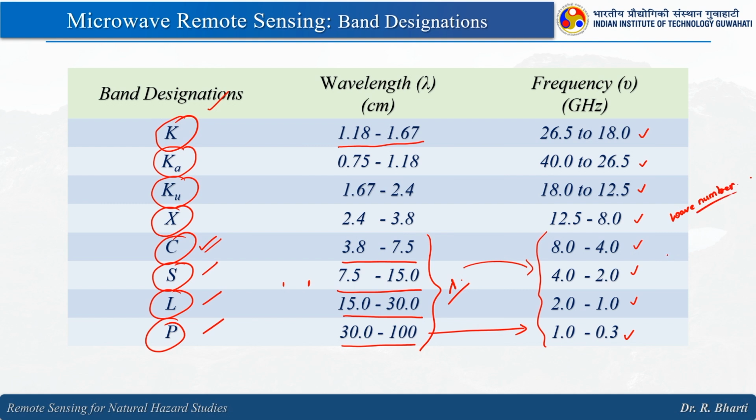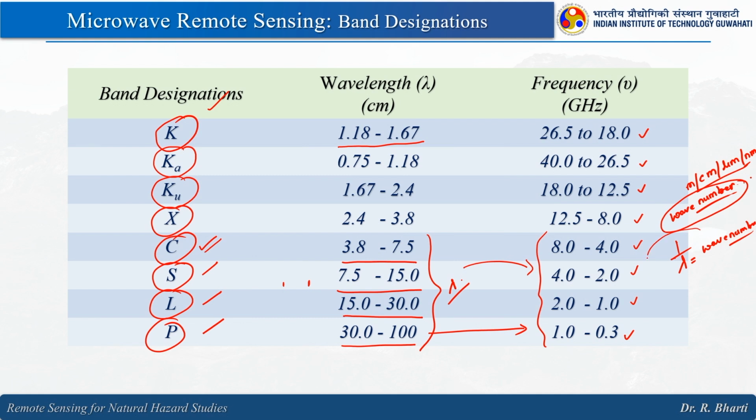So, sometimes we define the wavelength in terms of meter, centimeter, micrometer or nanometer. But some of the papers or books refer to wave number. So, what is wave number? Wave number is 1 by lambda.